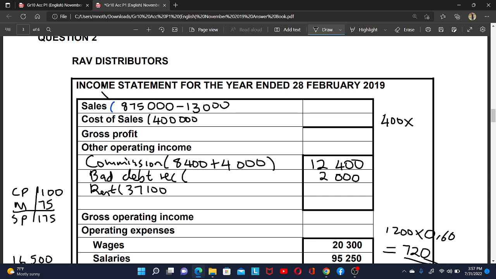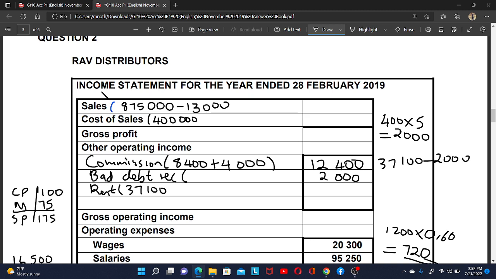So the rent was increased on November, December, January, February for 4 months plus a March. So we're going to say 400 times 5. The answer is 2,000. So we need to subtract that 2,000 from 37,000.